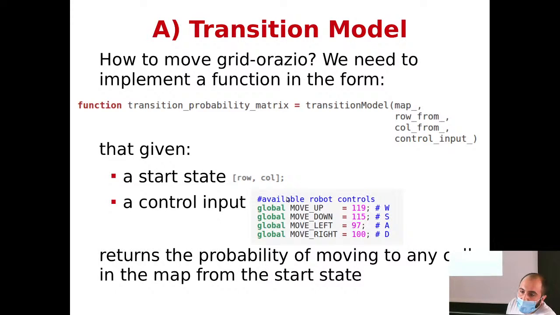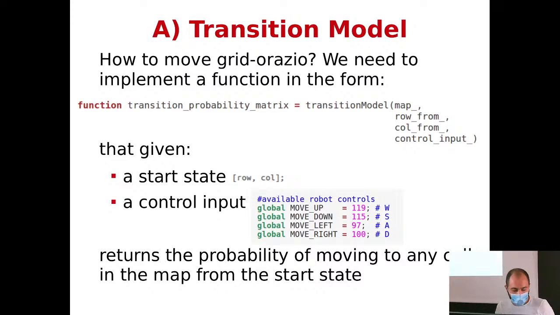So, transition model. Okay, let's give a little bit more detail. It takes a previous state, which is represented by a row and a column. You need a map, because you have to know if you can move into the target cell or not. And you take a control input. In this case, we hard-coded these quantities, which are represented in the beautiful Octave language as the arrows, so up, down, left, right.